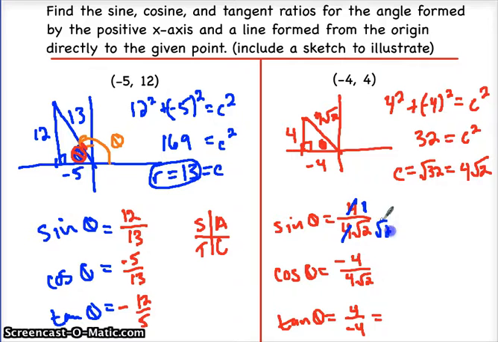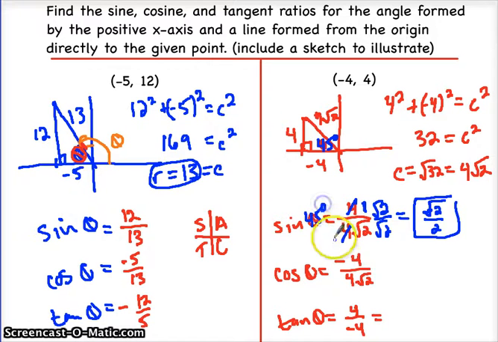But again, we don't like that root on the bottom, so we need to do a little rationalizing the denominator, and you'll end up with a square root of 2 over 2, which is a value you might recognize from your unit circle. Remember, if you have equal side lengths, sides of 4 and -4, essentially the same value of 4, you've actually got a 45, 45, 90 triangle. So you just figured out that the sine of 45 degrees is root 2 over 2.